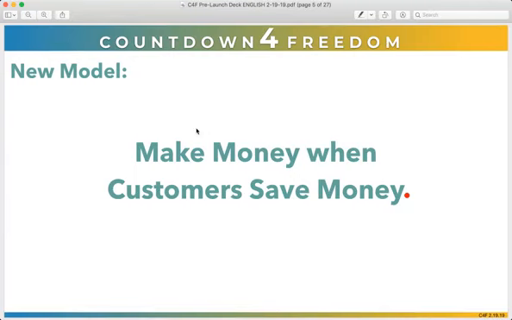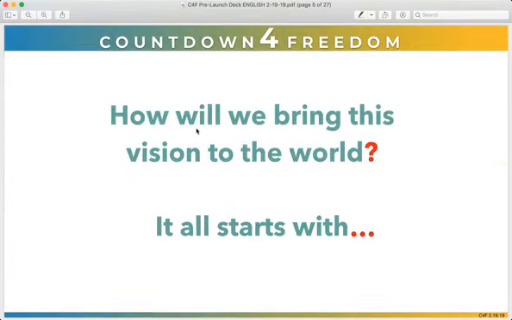You save $100, $500, $1,000 on a vacation, that's earning. And we only earn when our customers save. And guess what? They save on something they're going to do anyway, with or without us. What a model. And it all starts with, how are we going to bring this vision to the world?